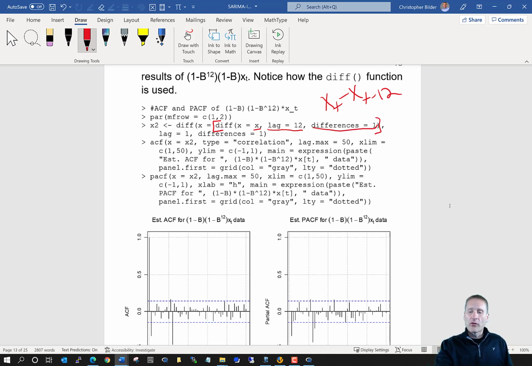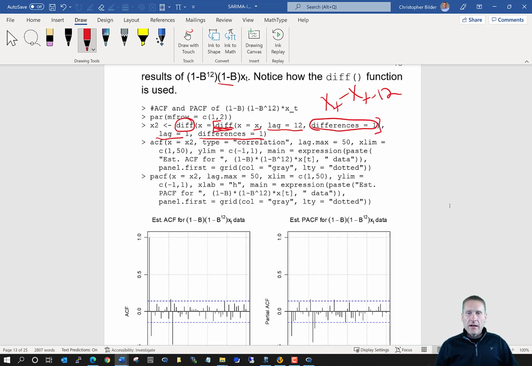I'm doing first differences with these. Now I also want to do the 1 minus B part too. So I put all this inside of the diff function: diff of x, which is what I'm getting from my first differences for the seasonal component, with lag equal to 1, differences equal to 1.